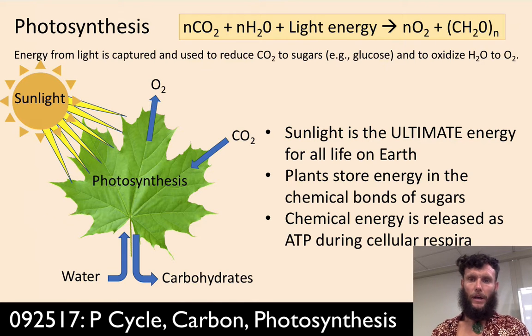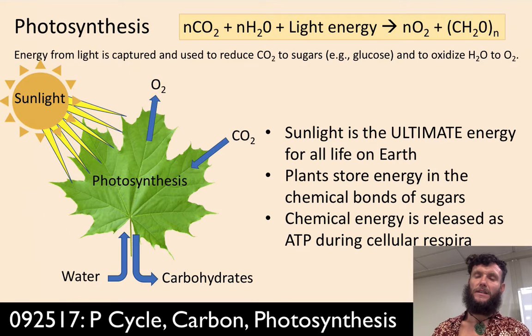All right. So in the yellow box up there is the overall equation for photosynthesis. We have carbon dioxide, which adds to water, driven by light energy, and the byproducts are oxygen gas and a molecule of empirical formula CH2O, with n being simply whatever, typically 6.